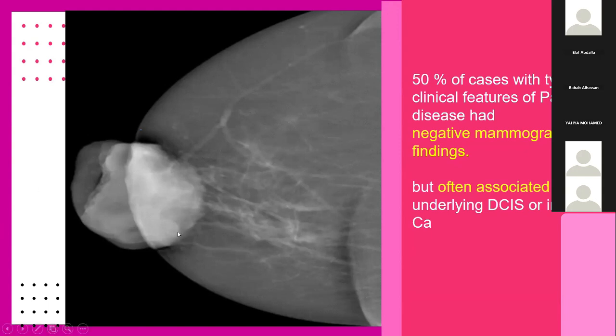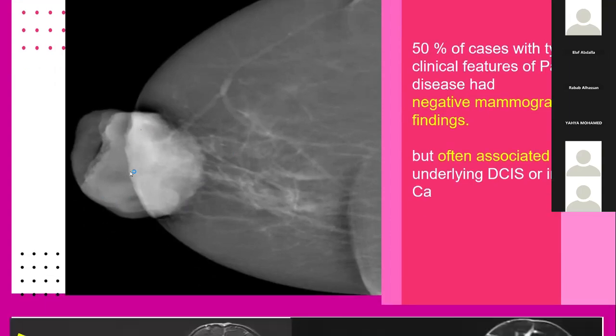She was an old lady, and her mammogram was completely fatty on both sides, except for this segmental asymmetry with subtle architectural distortion extending into the nipple. And you can see the posterior nipple, the irregular hyperdense, ulcerating mass.